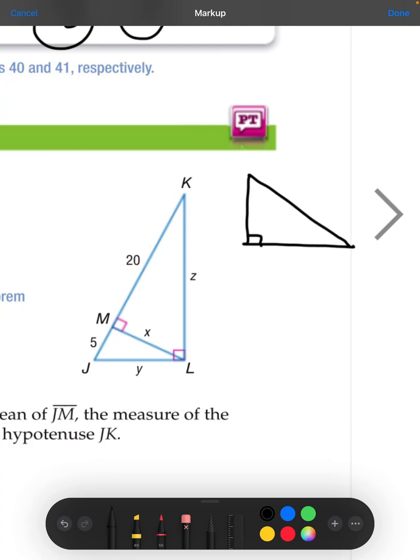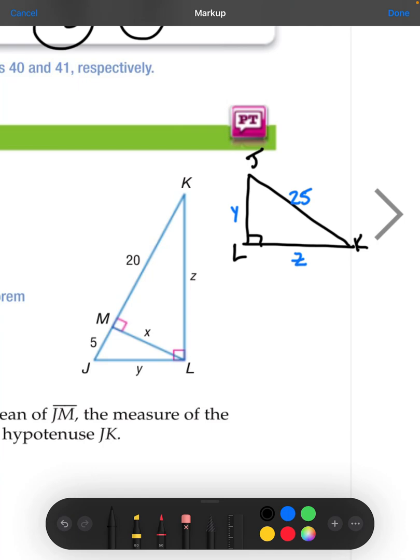The very big triangle is L, J, and K. And so I'm going to go ahead and label the sides. JL is Y, and 5 and 20, this is 25, you'd have to add those, and LK is Z. Okay, so we know that.